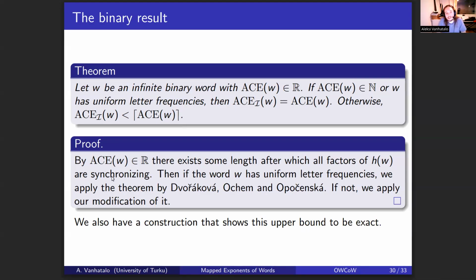This is just that, if the age value is a real number, then we always have synchronizing on large enough factors. And then we can apply either the theorem by Drovakova, Osem, and Oposenska, or our modification of it. And we get this nice result.